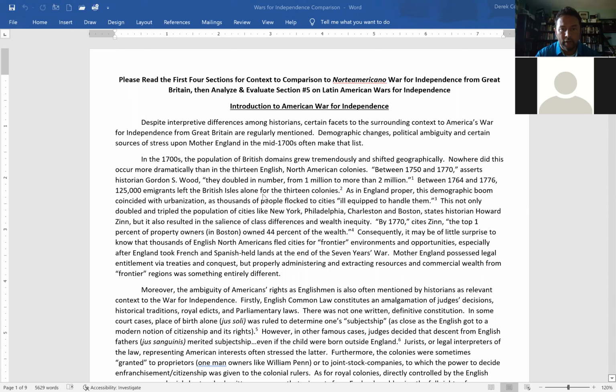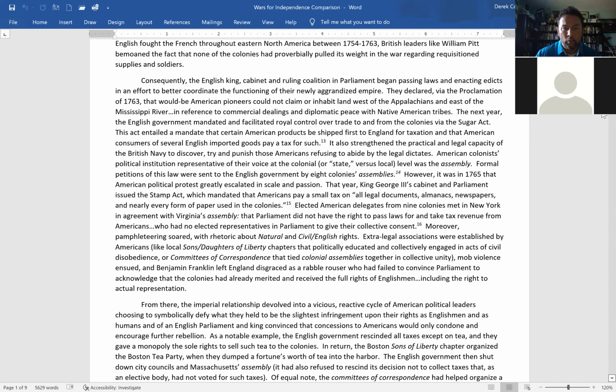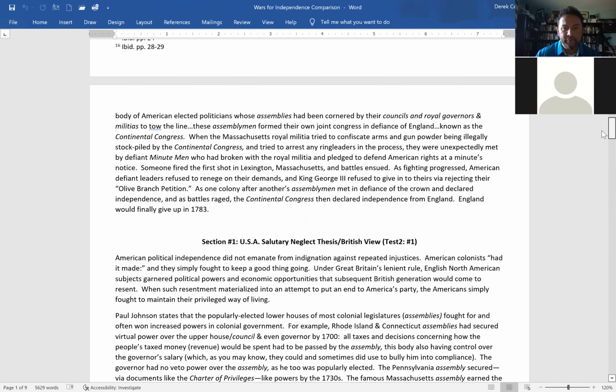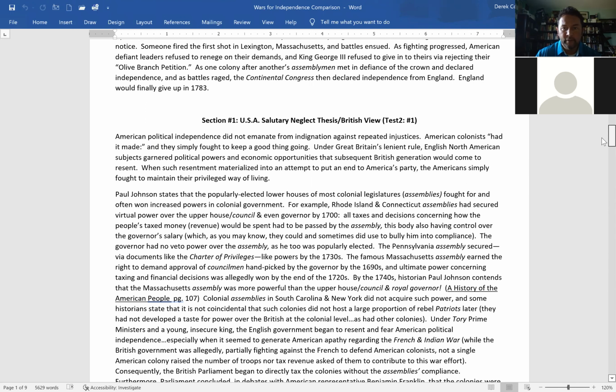So with number one, they call this the salutary neglect thesis. And that is that to the British, especially, the American War for Independence was about fighting to keep a good thing going. That the English did not impose their restrictions over Americans' lives very effectively.